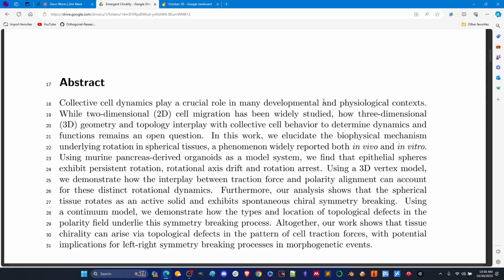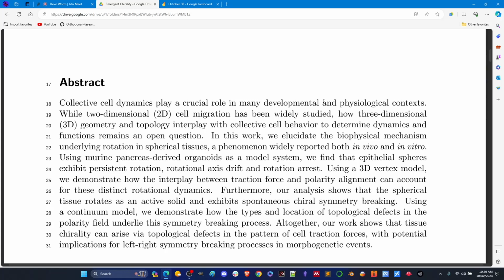Altogether, our work shows that tissue chirality can arise via topological defects and the pattern of cell traction forces. So this is where you want to know how tissue chirality arises. It's basically through topological defects. So topological defects lead to a symmetry breaking event, which leads to this chirality or this handedness.